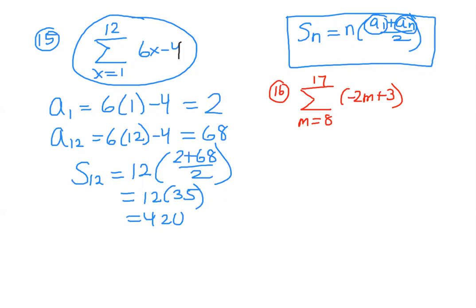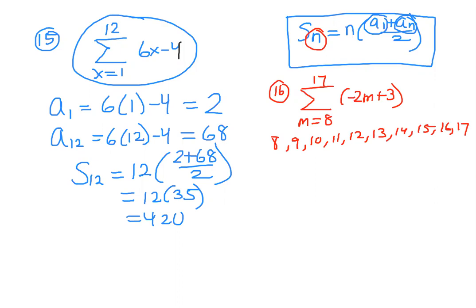So now, what is our n? How many terms are we adding up? If we are adding up m equals 8, m equals 9, 10, 11, 12, 13, 14, 15, 16, 17.